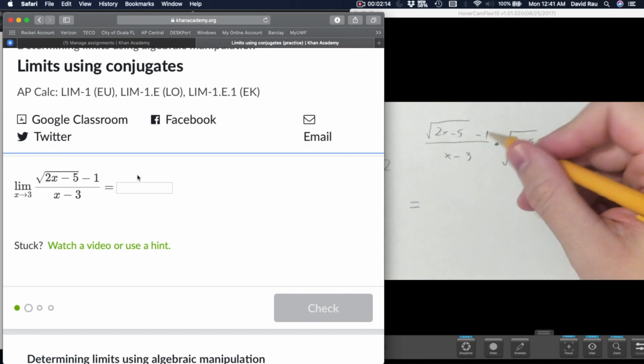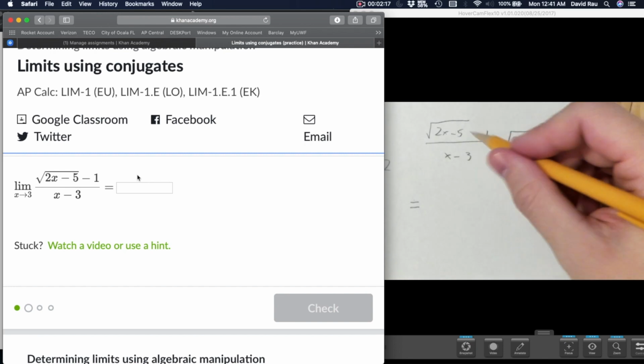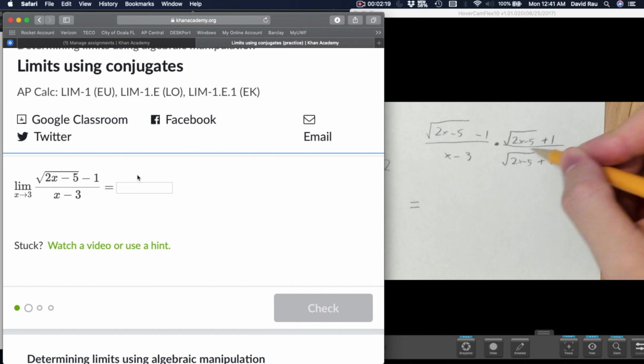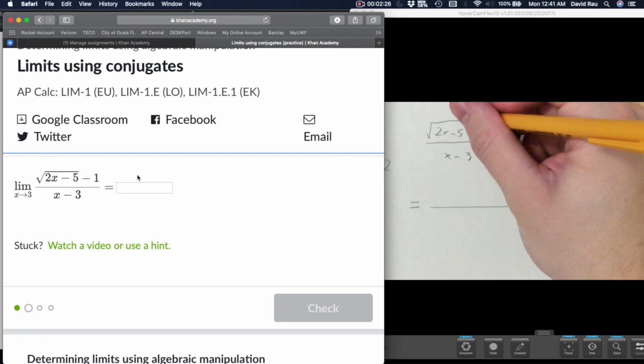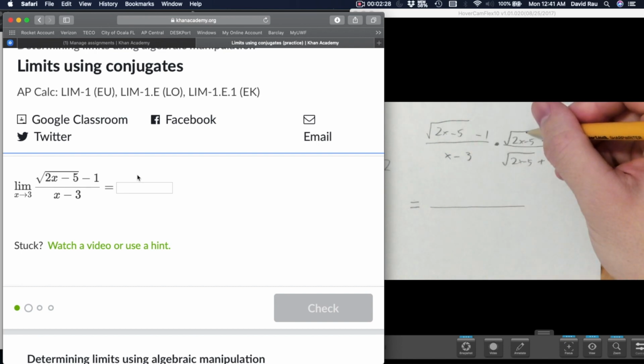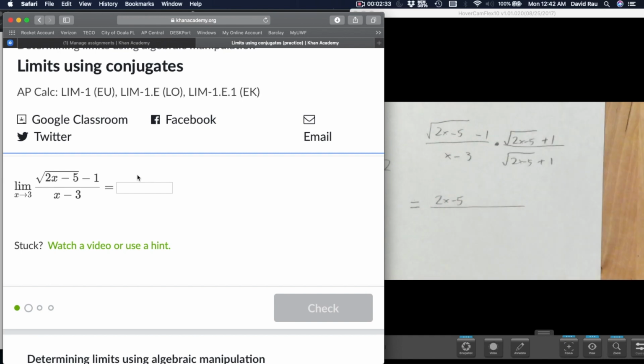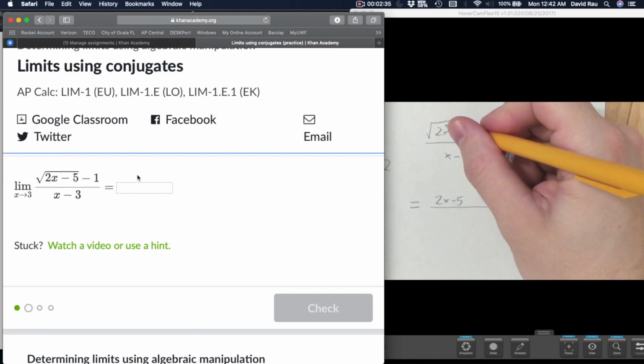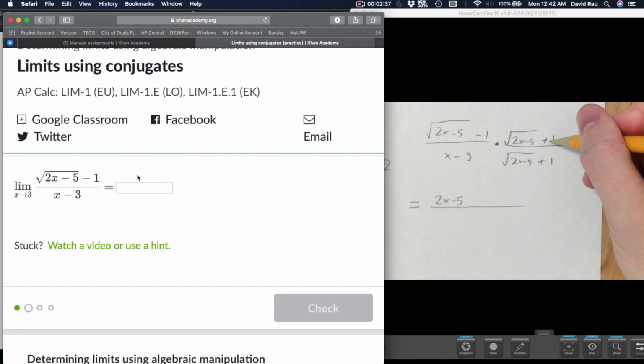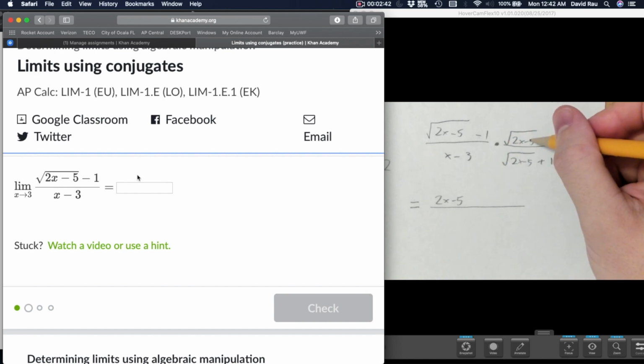So again, I'm using the conjugate. The conjugate's based on the term with the root, so the numerator has the root, so that's where I'm getting my conjugate from. Let's FOIL the numerator. So when I do square root of 2x minus 5 times square root of 2x minus 5, the roots just cancel, and I get 2x minus 5. Up next, you would have a positive 1 root 2x minus 5, then you have a negative 1 root 2x minus 5.